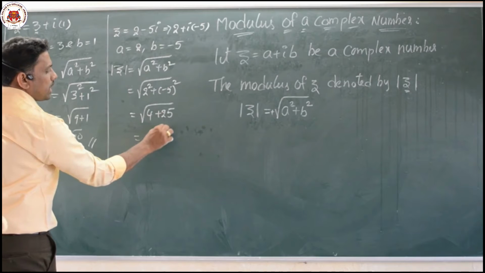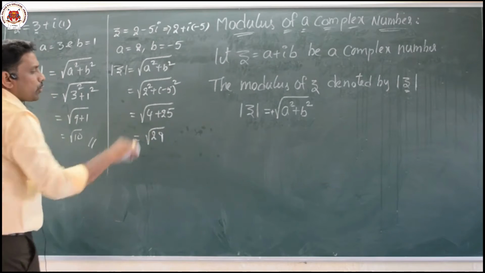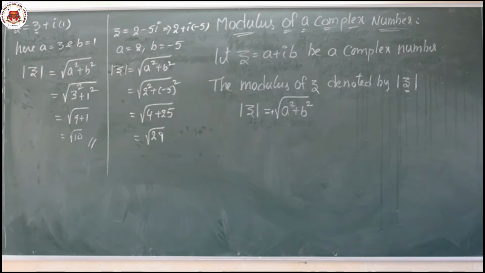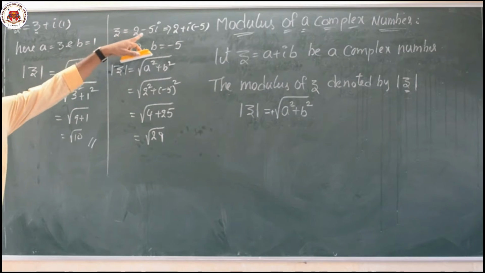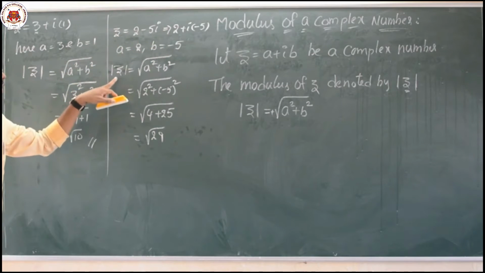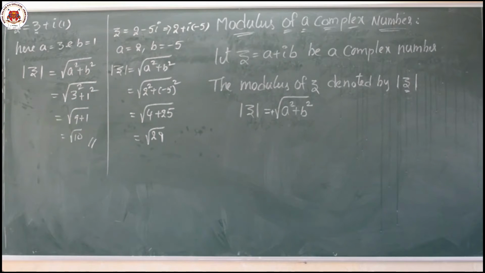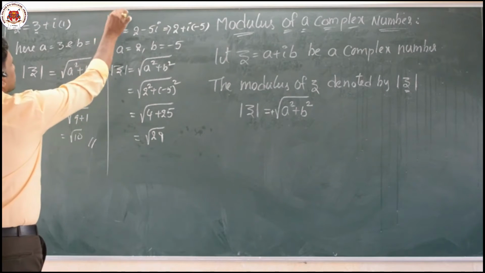So finally the answer is root 29. Root 29 is the answer. Means for this complex number Z equal to 2 minus 5i, the modulus value is equal to square root of 29. It is positive, don't take plus or minus, only the positive value. We will discuss another example. So the second one is over.